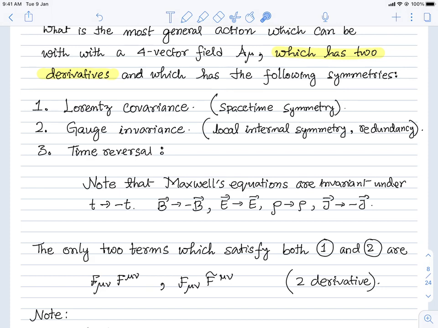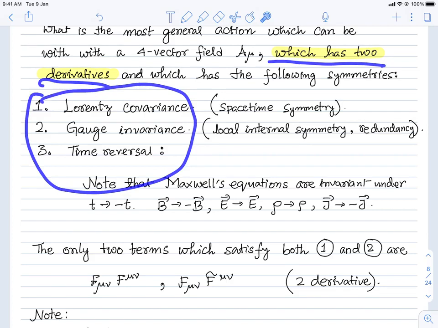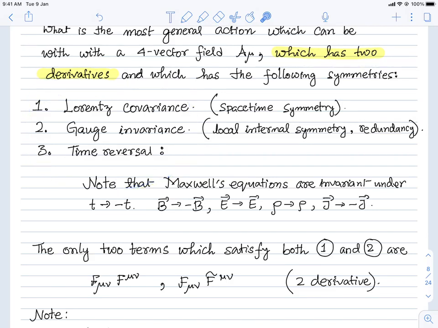So with that in mind, if we ignore the higher derivative terms and only care about terms involving two derivatives, then apart from these three symmetries, we are ready to write down terms involving two derivatives only. Let us see what the various terms are that we can write down in the Lagrangian density for just one degree of freedom, which is this vector potential A_\mu.